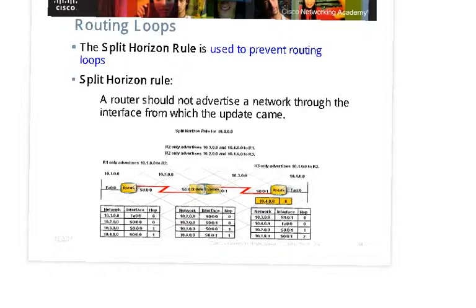I will split the horizon, and then I will inform the routers on my right-hand side about the information that I received from the left-hand side. And I will update the routers on the left-hand side about the information that I received from the right-hand side. You see what I mean?